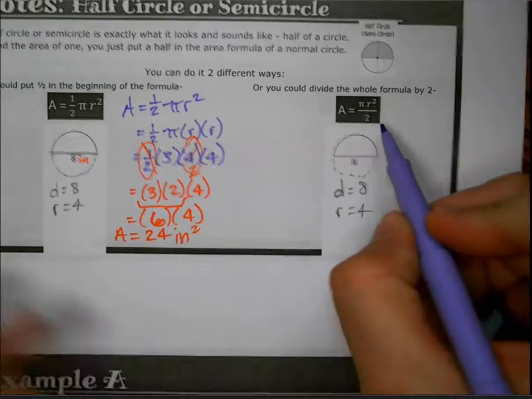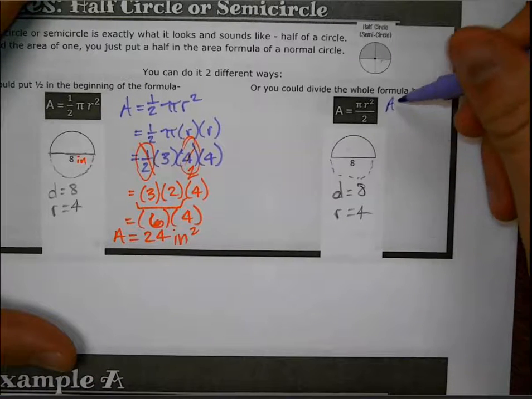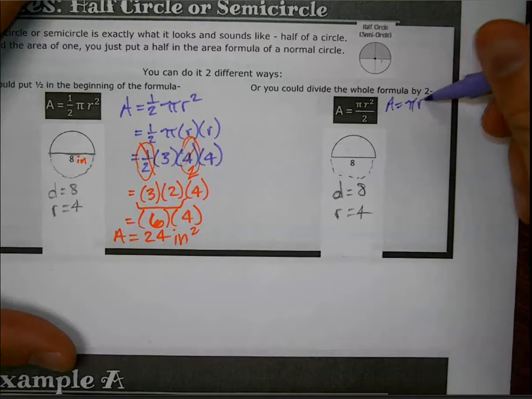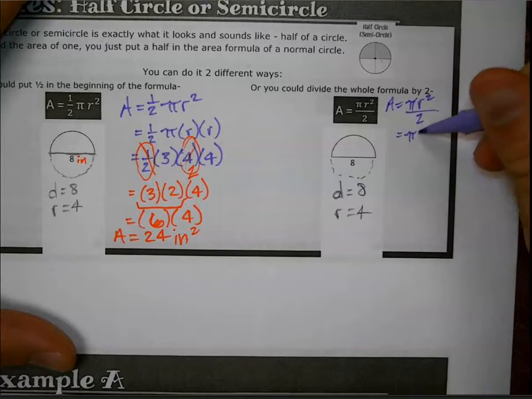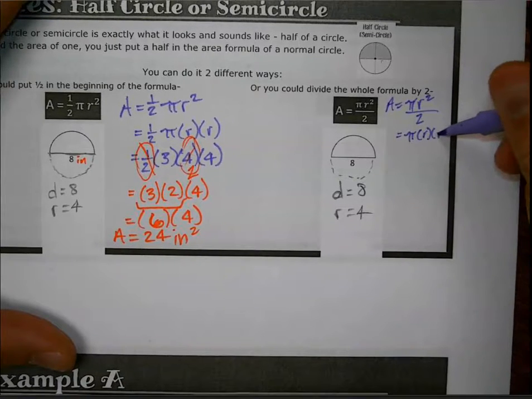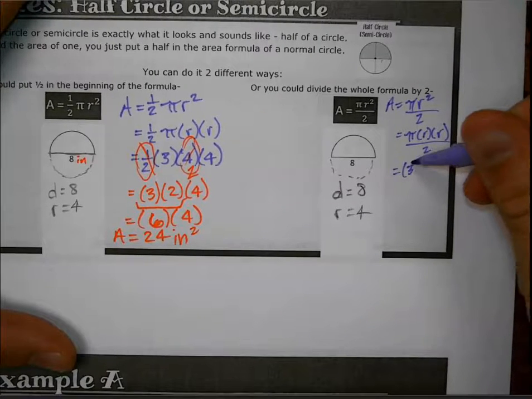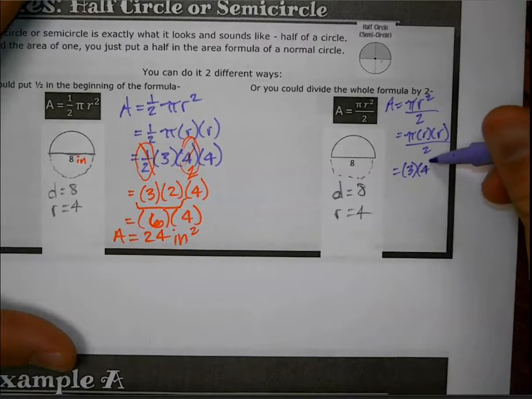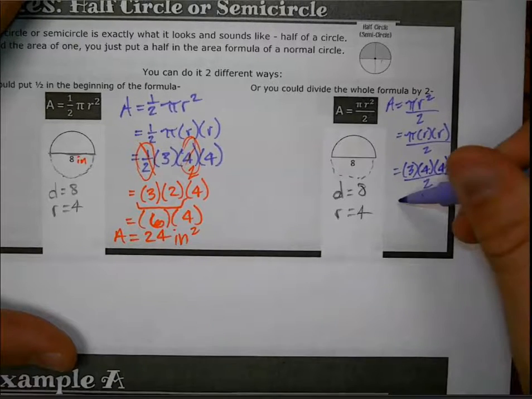This way is with the whole thing divided by 2. So area equals pi r squared over 2, which is pi times radius times radius over 2. For pi, I'm going to use 3. The radius is 4, and then 4 again, and all of that is over 2.